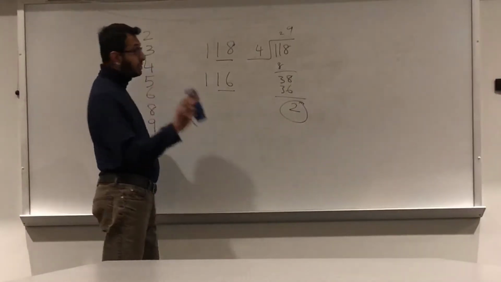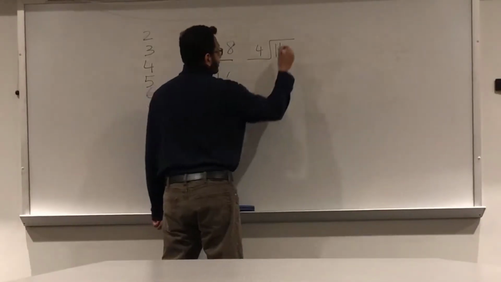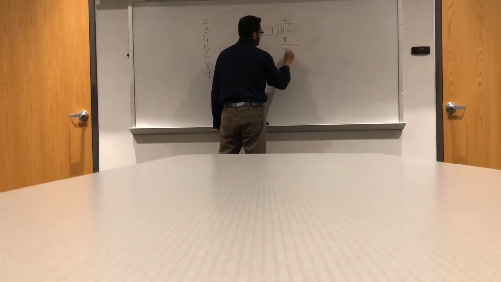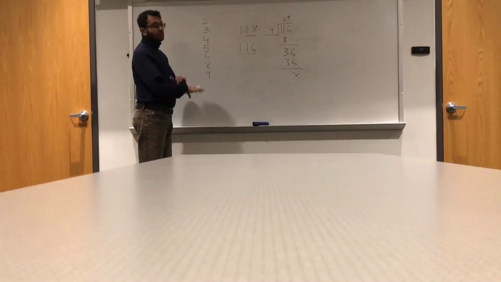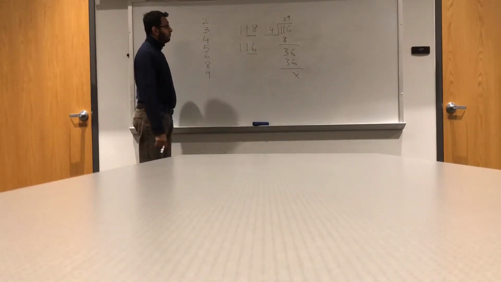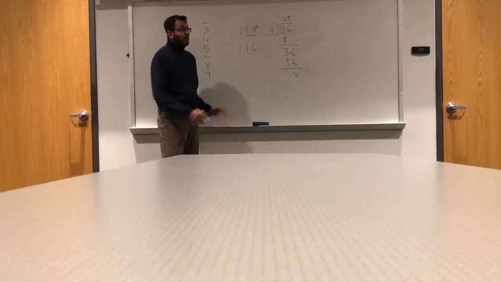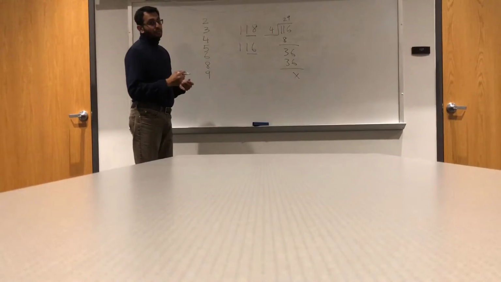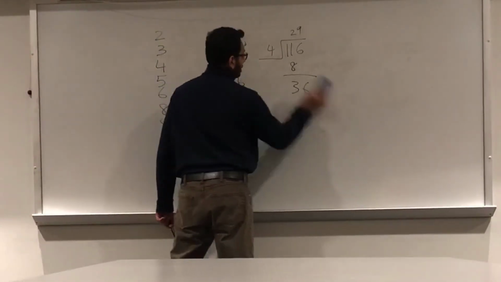Now let's try 116. And as you can see, it is completely divisible by 4 because the last two digits were completely divisible by 4. So this is just a little quick check for you to see if the number is divisible by a certain number or not.